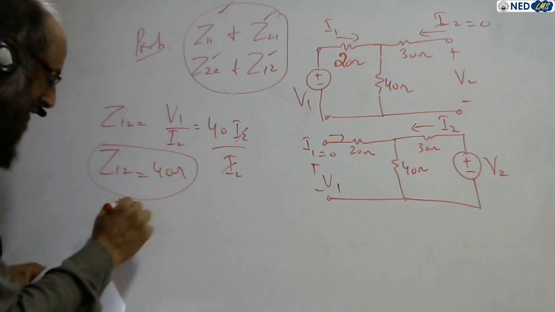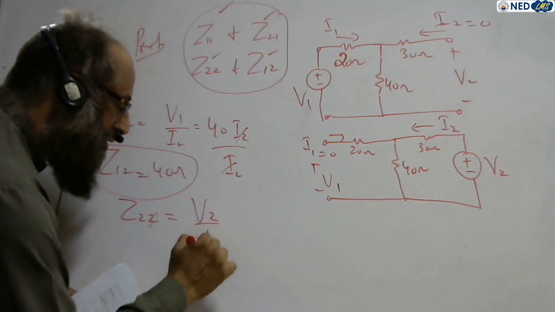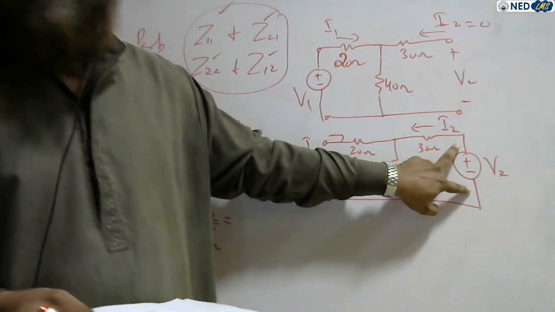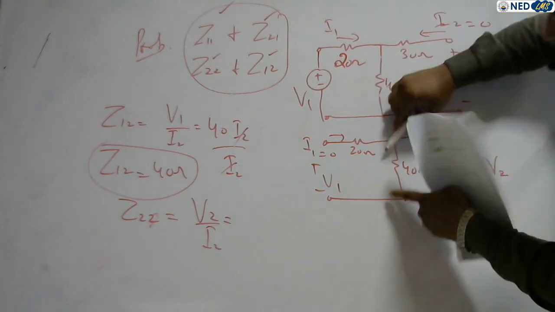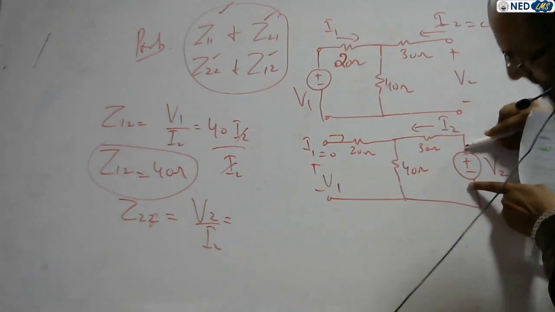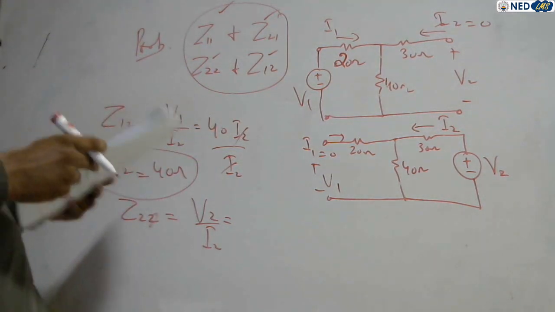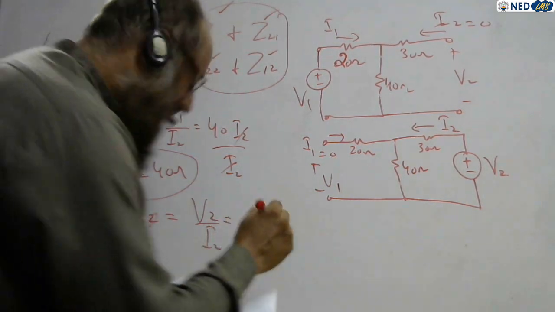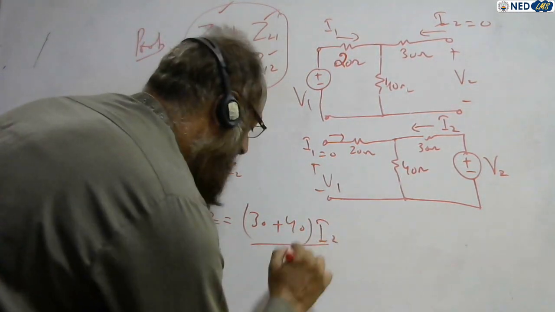Similarly, Z22 is the ratio of V2 over I2. What is V2 in this case? By Kirchhoff's voltage law, this voltage equals this drop plus this drop. So 30 and 40 are in series, giving 30 plus 40 times I2 over I2.